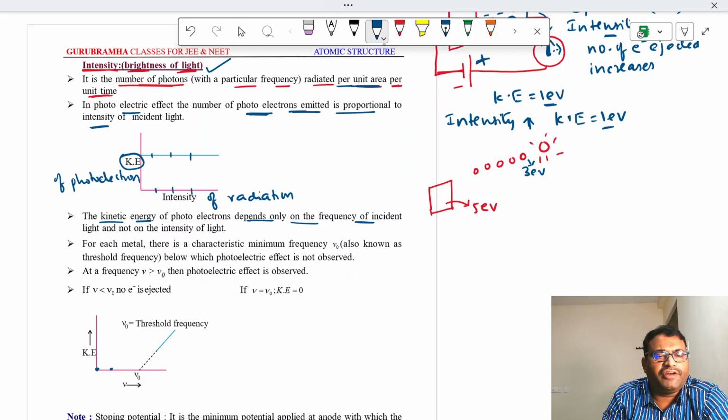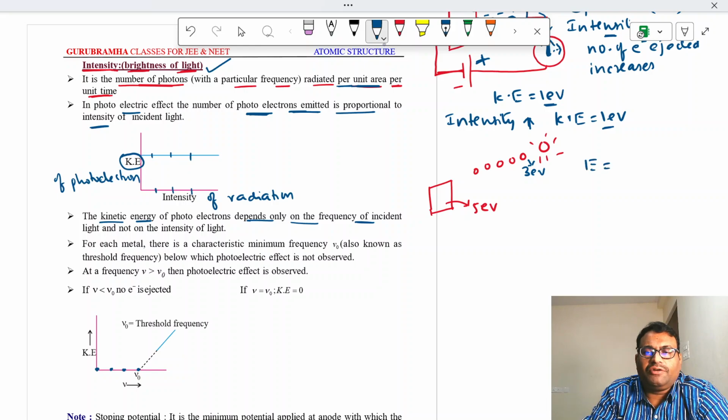Here you are increasing the frequency. E is equal to h nu. E depends upon frequency. H is constant. E depends upon the threshold frequency, nu naught.